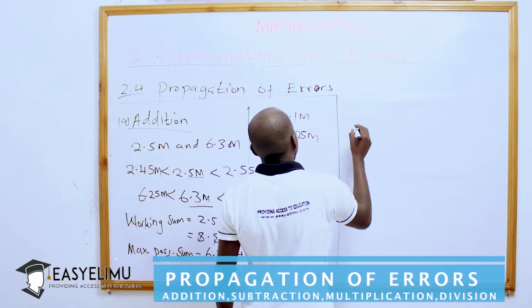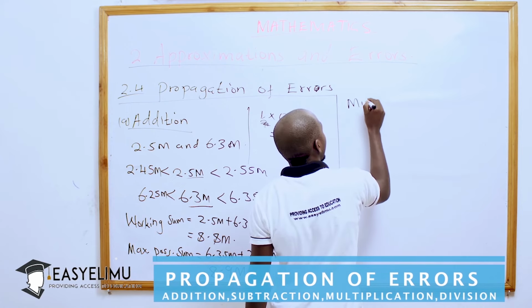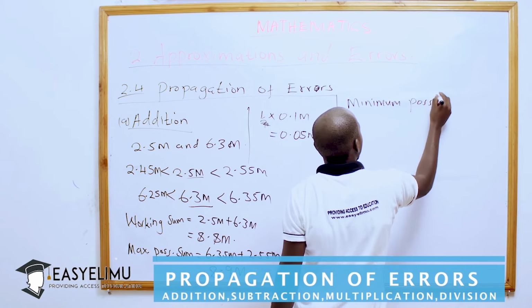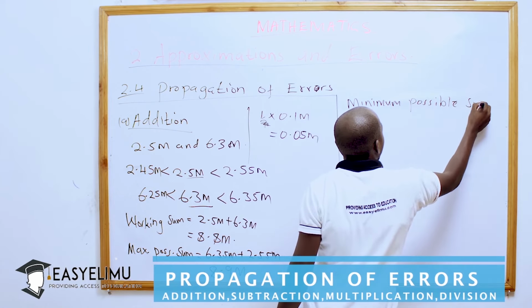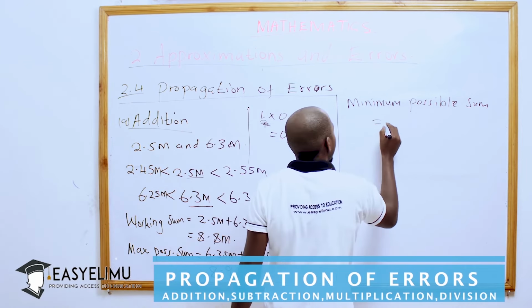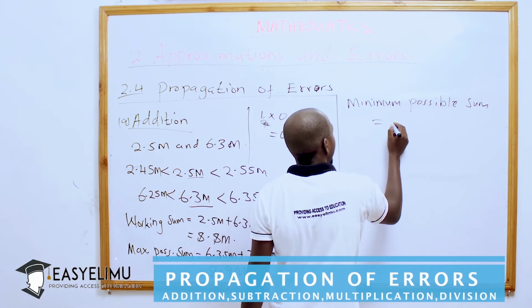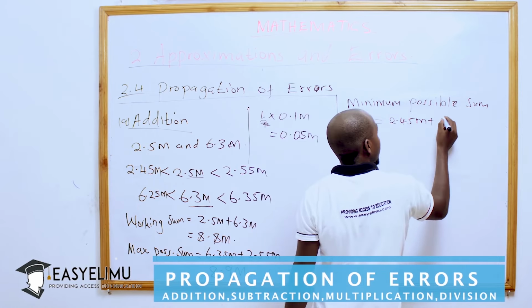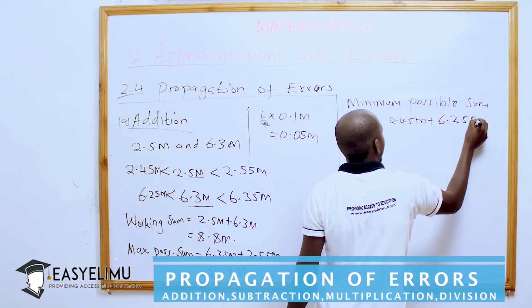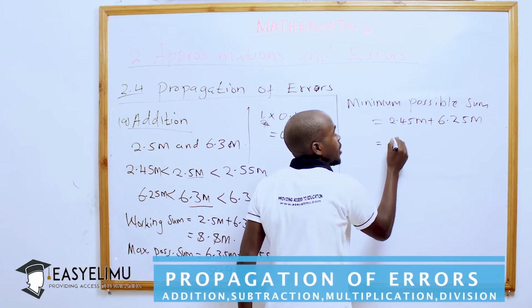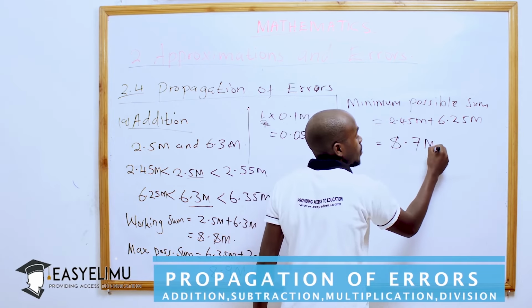Let's check the minimum possible sum. So the minimum possible sum, we are going to find it is equal to the lower limits, which is 2.45 meters plus 6.25 meters, and we are going to get 8.7 meters.